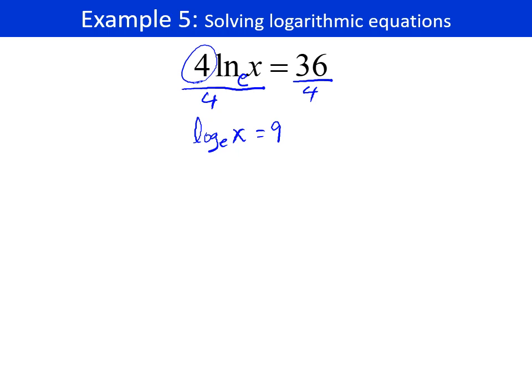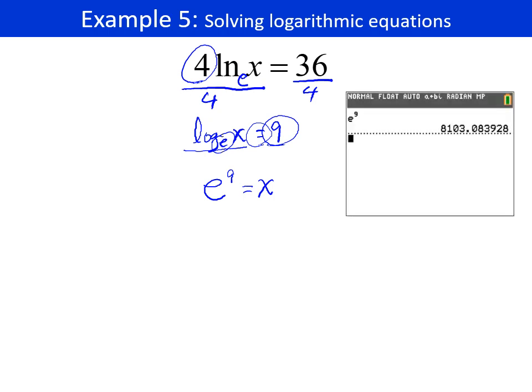And now we will transform that into exponentials. Here's the base, e. The logarithm is the exponent. And there's our answer. We would find the decimal value of that with our calculator.